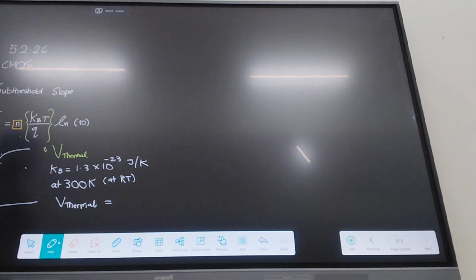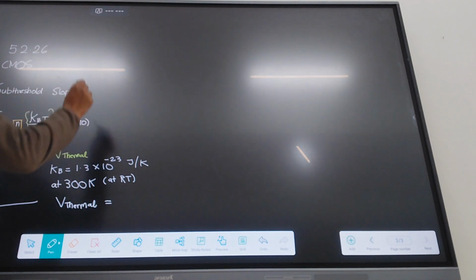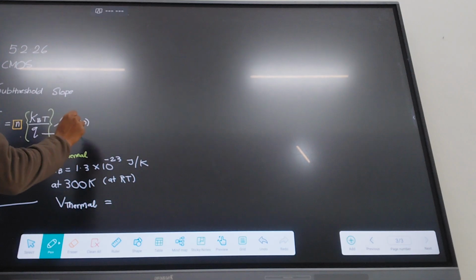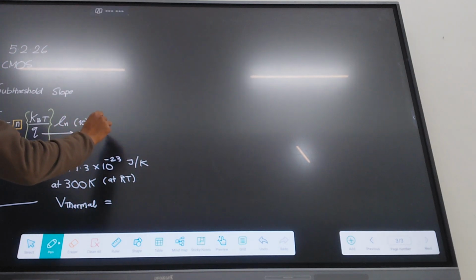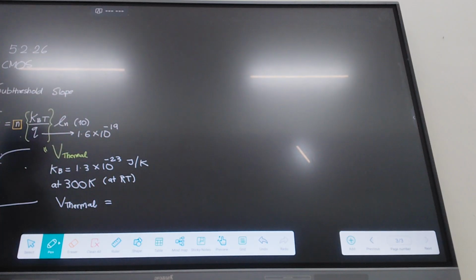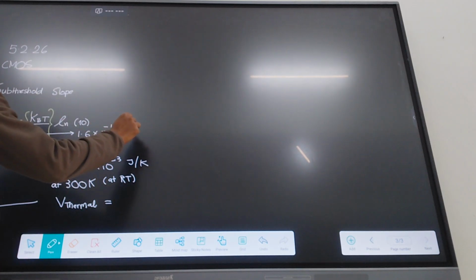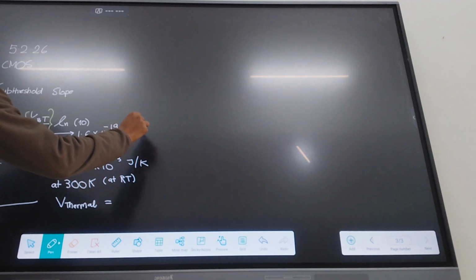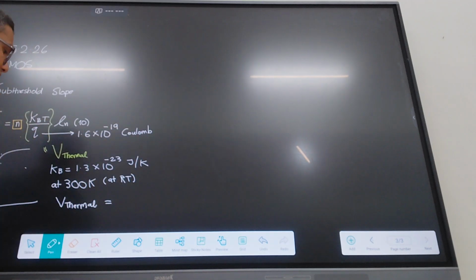How much will it be? Okay, q is the fundamental unit of charge, 1.6 into 10 to the power minus 19 joules. That means if you divide it by q, you are getting the value in electron volts.